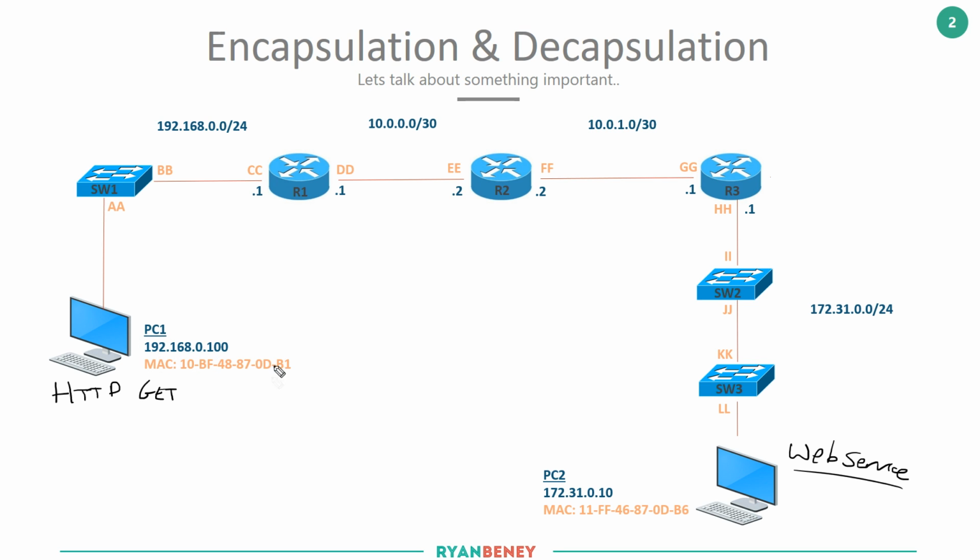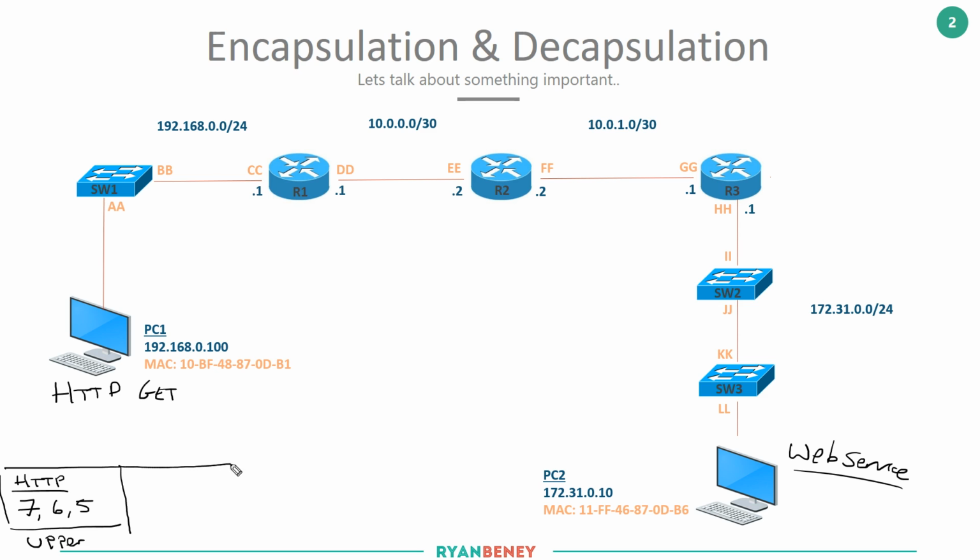So PC1 goes to generate a HTTP GET message. Because of this, we know that the layer 7 protocol will be HTTP. And HTTP will work with the presentation and session layer. And this will become what we know as our upper layers.